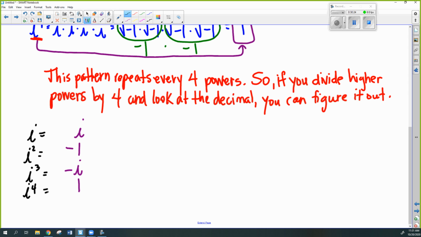Now, yeah, we can actually do it with this. All right, so if you take this exponent and divide by 4, okay, 1 divided by 4, somebody tell me what decimal that gives you. 1 divided by 4.